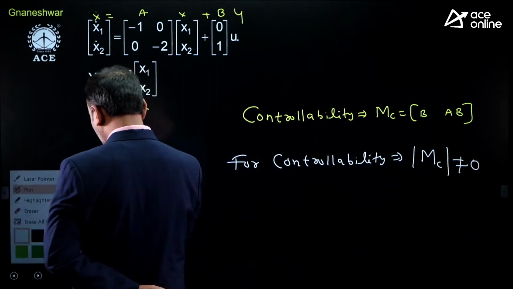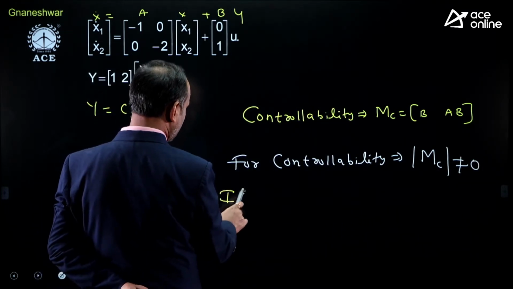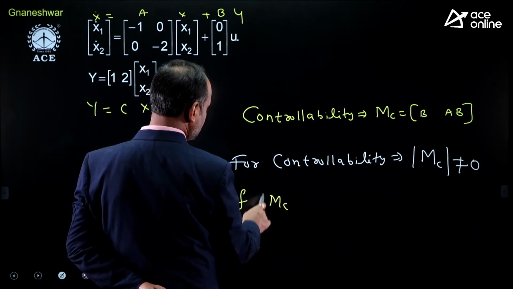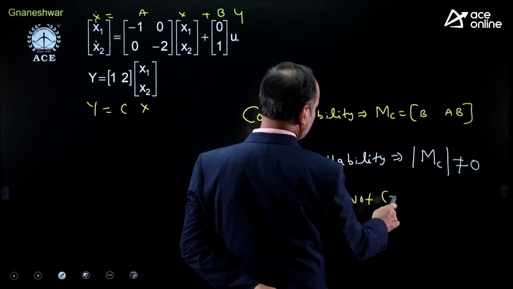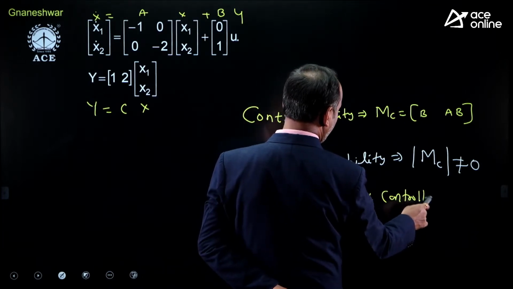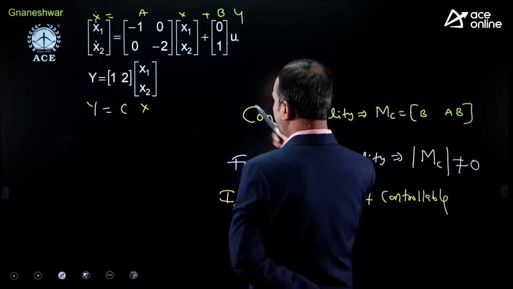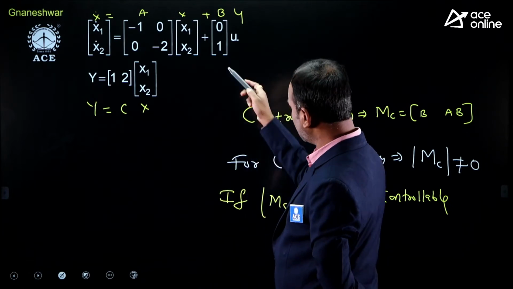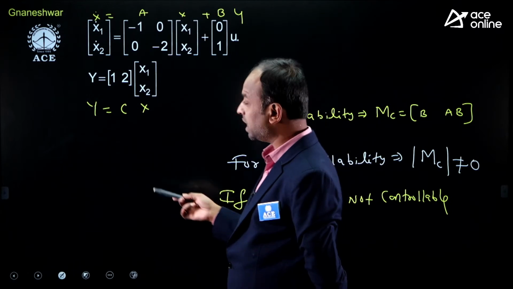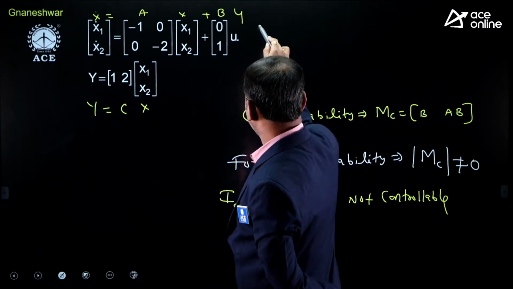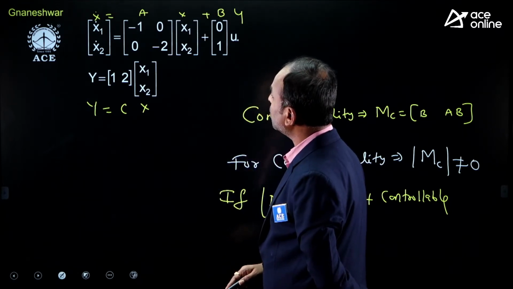If det Mc is 0, the system is not controllable. In this question, after computing the matrices, you will get det Mc equal to 0. That is about controllability.